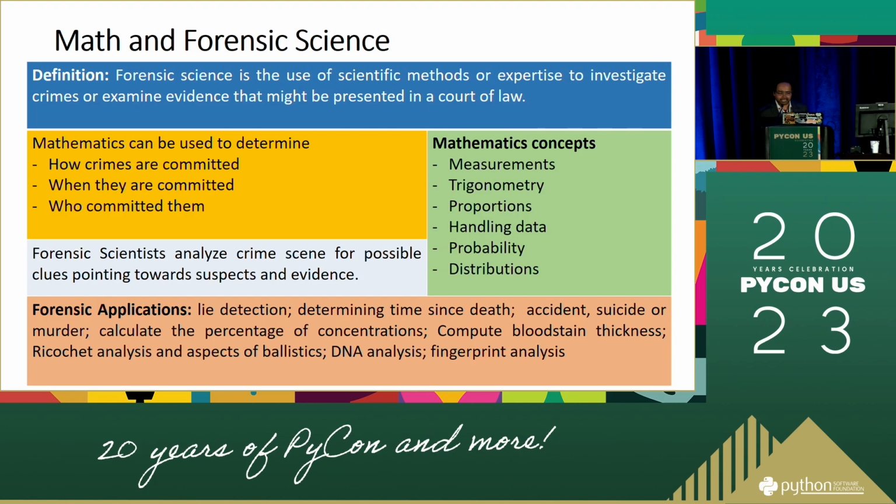It's a highly scientific process. Mathematics can be used to determine how crimes are committed, when they are committed, and who committed them. Forensic scientists analyze the crime scene for possible clues pointing towards suspects and evidence.